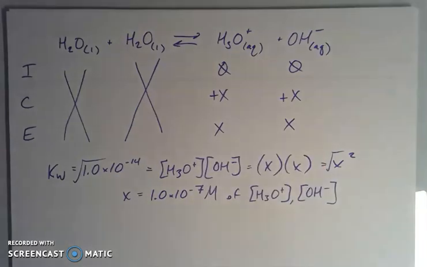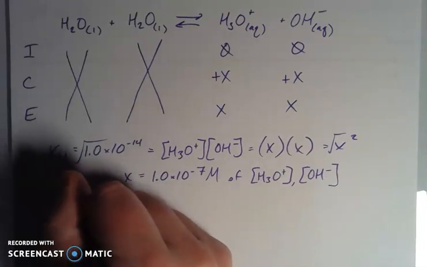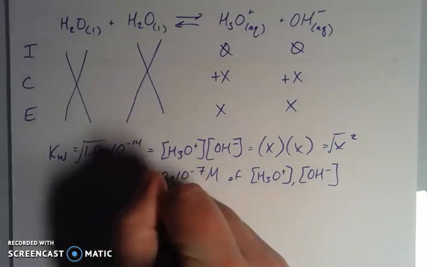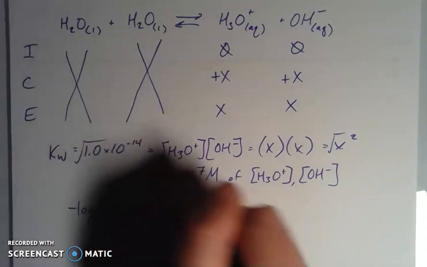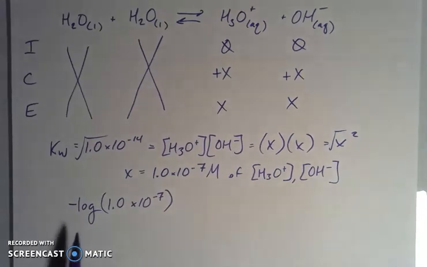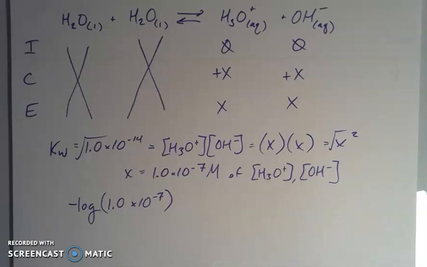All right, now, what does that mean? Well, if I take the negative logarithm of this quantity, 1.0 times 10 to the negative 7th, then mathematically we would say we're taking the power of the hydrogen, or the potential of my hydronium, or the potential of my hydroxide, however you want to think about all that.